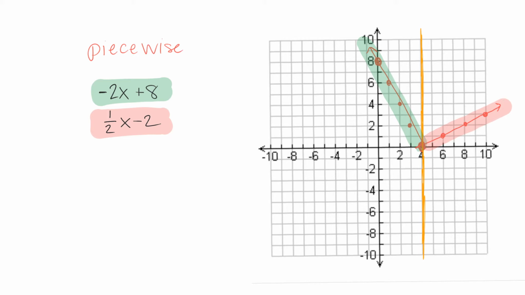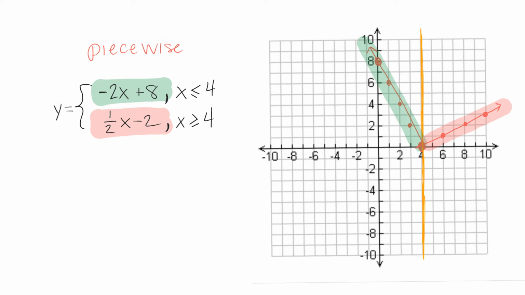So on my green one, I'm going to say that the function negative 2x plus 8 exists when x is less than or equal to 4, and the red function exists when x is greater than or equal to 4. And then I'm going to finish this off by writing y equals and putting my squiggly bracket.